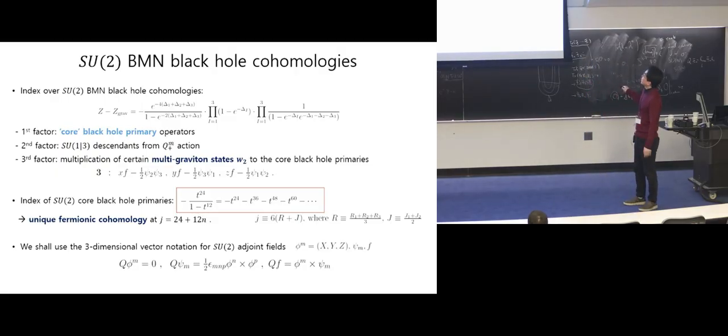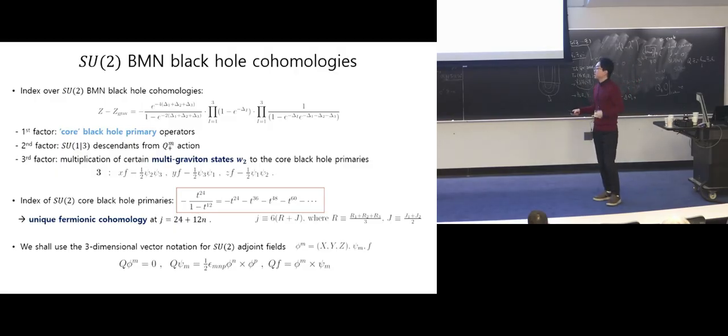The second factor is nothing but the superconformal descendants of these new operators, so this should be there. The third part can be understood as the multiplication of a certain graviton triplet on top of these core black hole primaries. These 2 factors we know very well, and basically this first factor is the essentially new information we should explain.